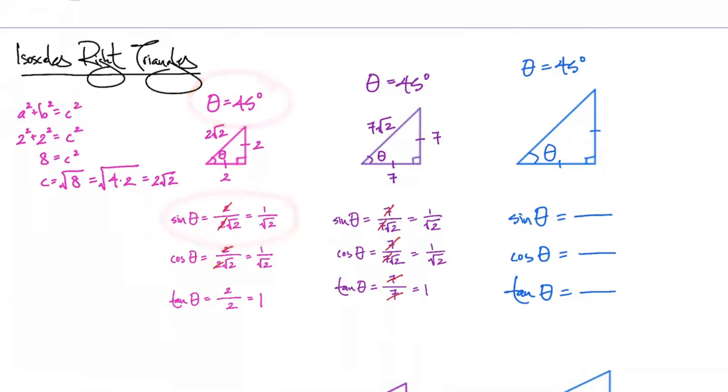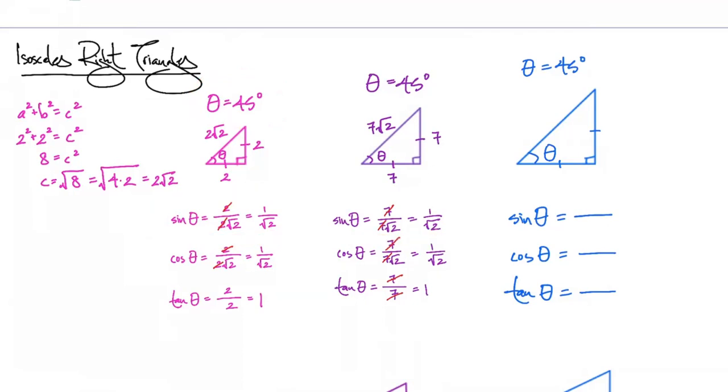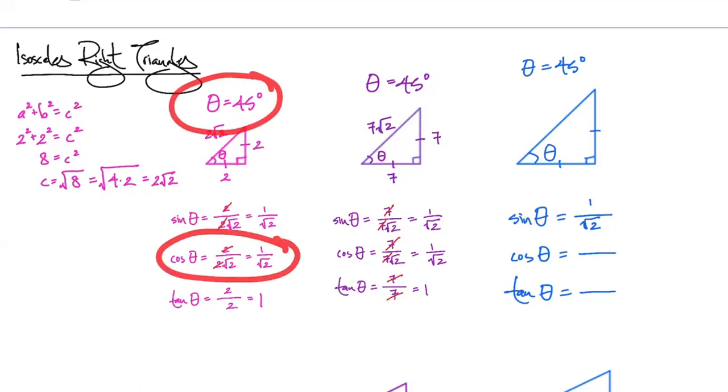It was true when it was the smaller triangle, but the angle was 45. And it was true for the bigger triangle when the angle was 45. So I don't know how much bigger the blue triangle is, but I know that the sine of that is going to reduce to 1/√2. Similarly, for a 45-degree angle, cosine is 1/√2.